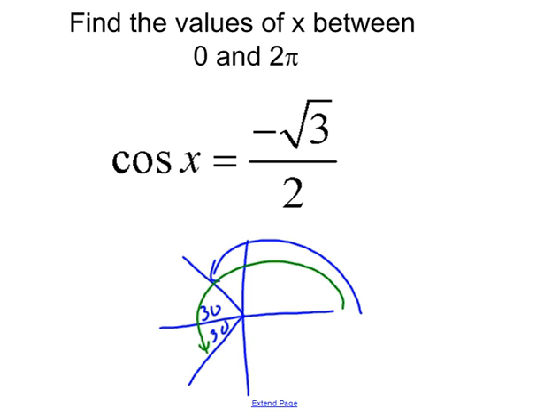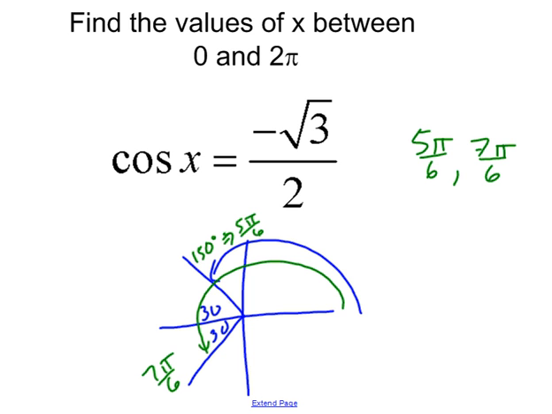Remember, if this was the same thing as 150, then that is equivalent to 5 pi over 6, just slightly less than pi, just like 5/6 is less than 1. And then slightly over pi, 7 pi over 6. So your two answers for this are 5 pi over 6 and 7 pi over 6.